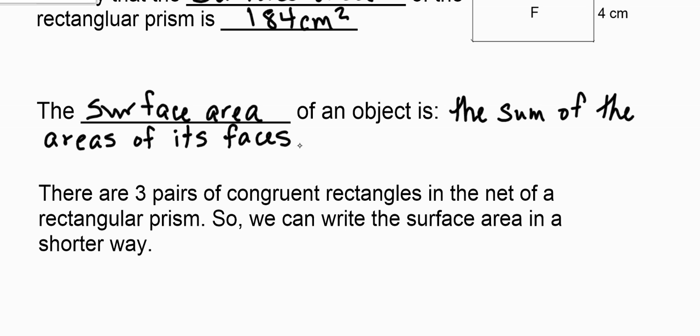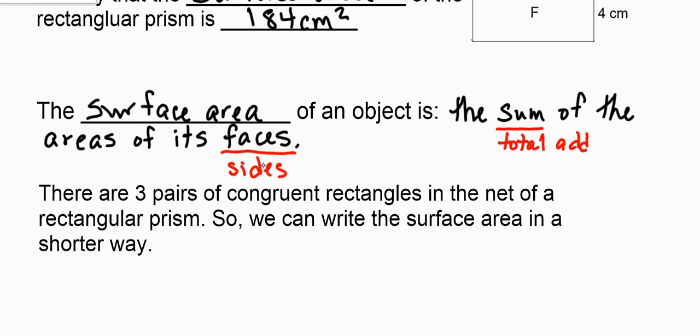So remember, this word sum means the answer to an addition question. So it is the total when we are adding. And this word faces is telling us each of the sides of our shape.